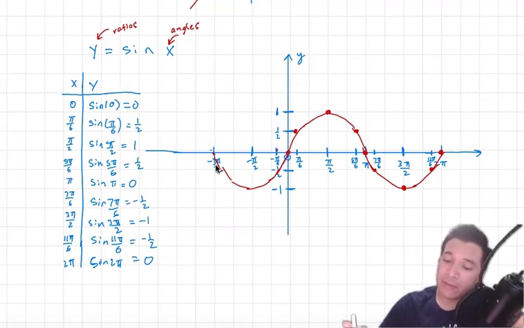But anyway, the other things I want to bring up are domain and range. Let's start with domain. The domain of a function is the set of all x values that correspond to a point that is on the graph. If you can remember that from algebra, these are the x values.